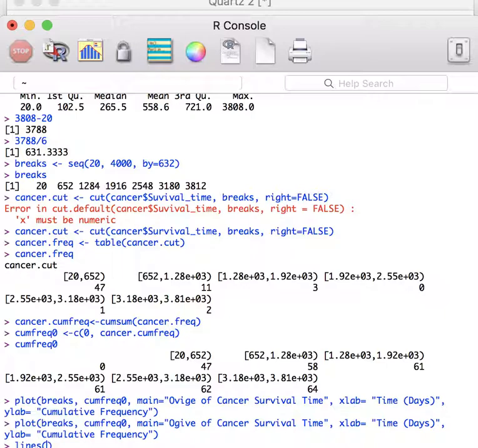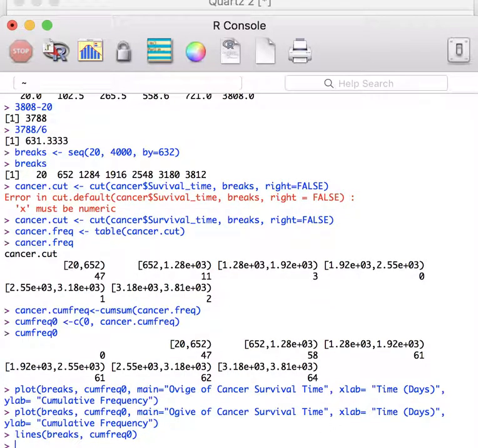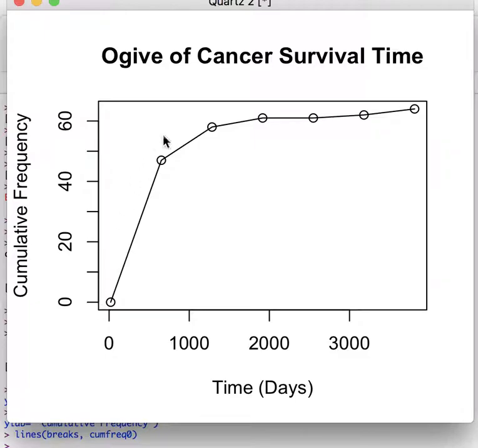And lines of your breaks and your cum frequency, 0. And so now if you go back into your thing, you can see now that it's created some lines with your plot. Again, you can now copy this and paste this into a Word document. And that's all there is to doing this and creating this information.